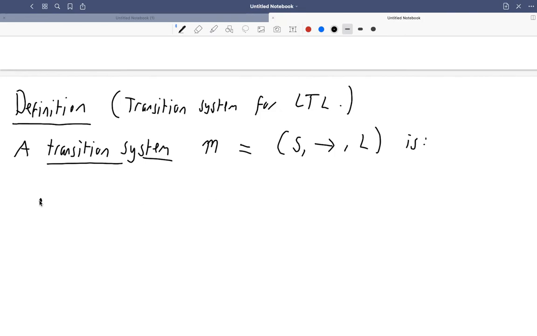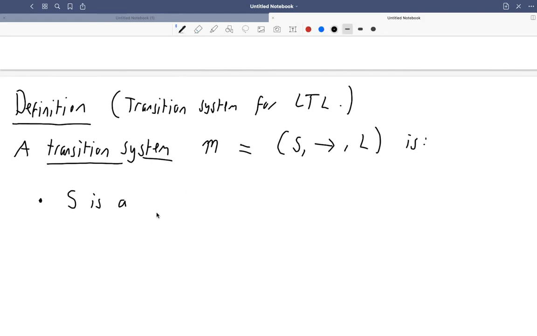So S is simply a set. It's always going to be finite. So let me put that in brackets. A finite set, but the mathematical notion makes sense also if it's not finite. Actually, let's remove the finite condition.